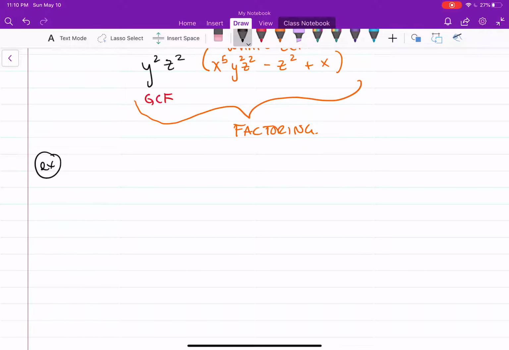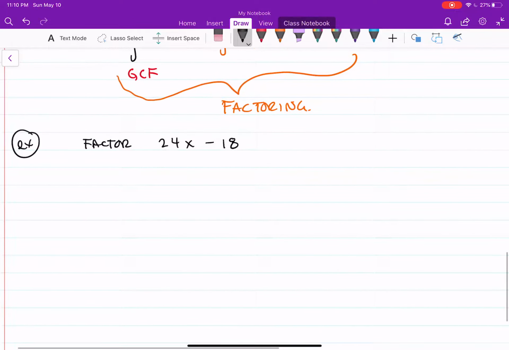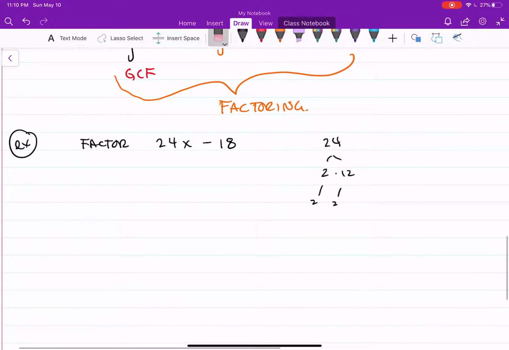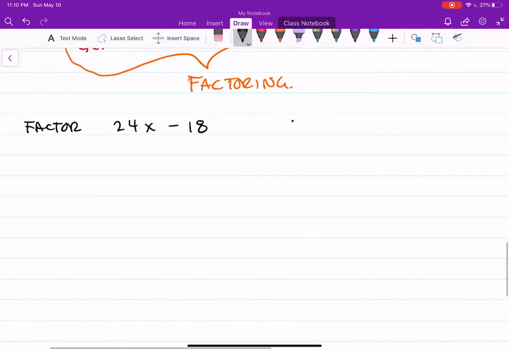So let's say it asked me to factor 24x minus 18. Okay, so I have to break down 24. Wow, I'm writing really small here. Let me just redo this. 24.